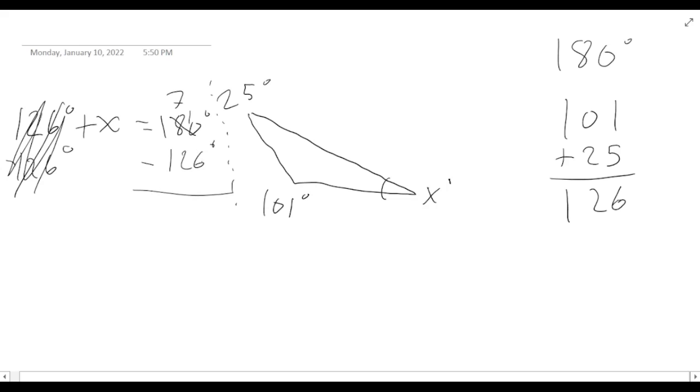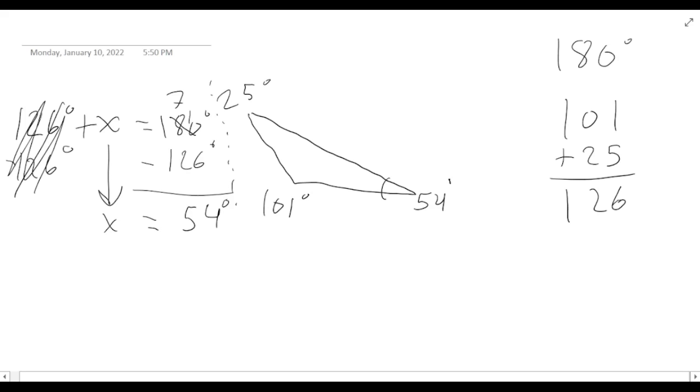And we get 10 minus 6 is 4, 7 minus 2 is 5, and 1 minus 1 is 0. So we can just leave that blank. 54. So our answer is 54. So now we drop down the x. So we get x equals 54 degrees. We'll write that in here.